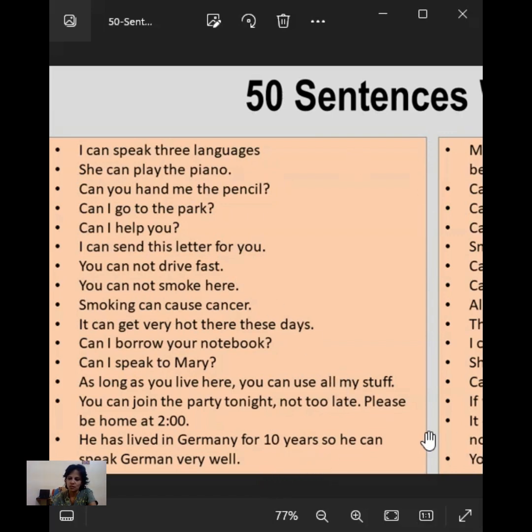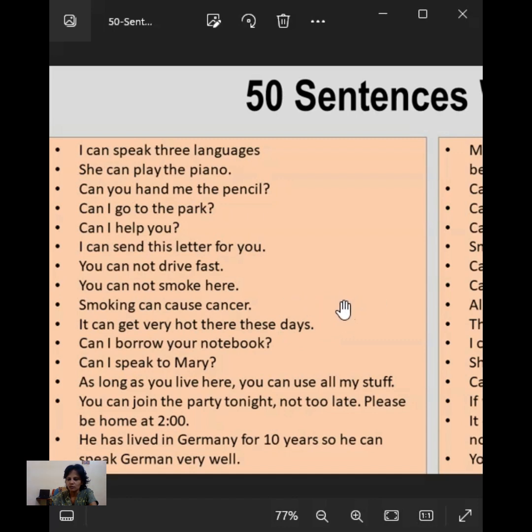I hope you understand these sentences. We often use can to talk about someone's ability to do something and to ask permission to do something, to ask someone to use something or do something.